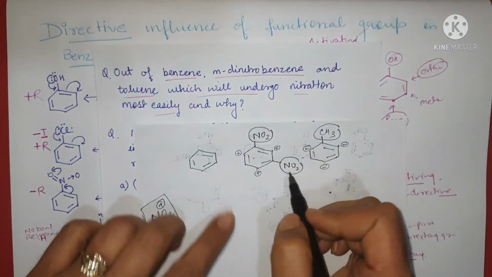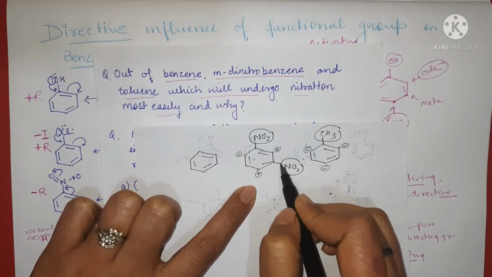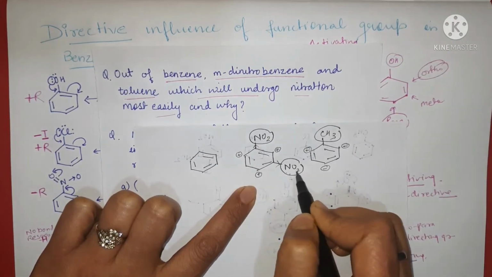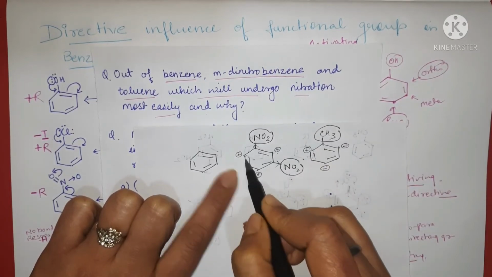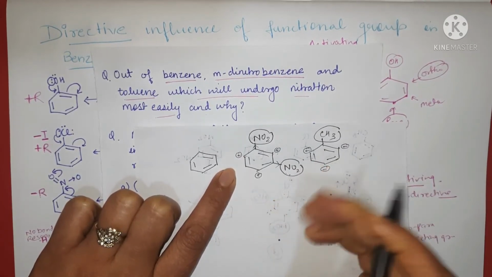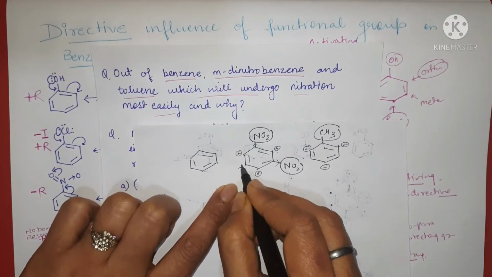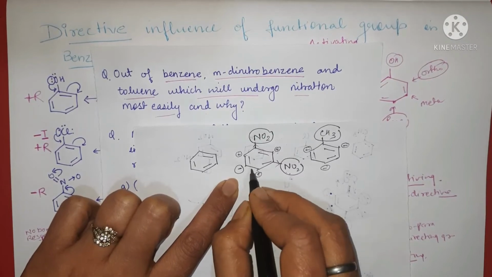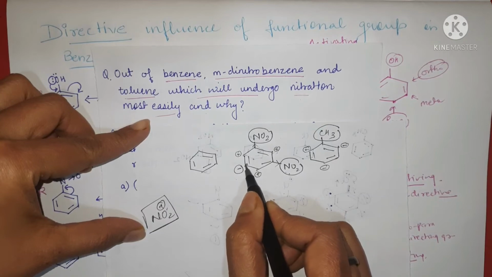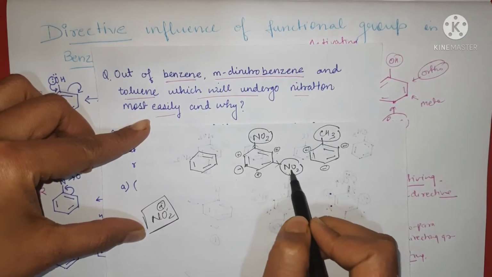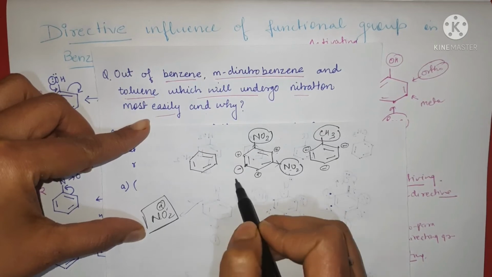And now this nitro group is also withdrawing the electron density towards itself and creating the positive charge on its ortho and para position. So if the electrophile has to come, it will have only one position here which has electron density, and this electrophile will attack here only. It means if benzene has 2 nitro groups, this is giving only one space for the electrophile to attack.